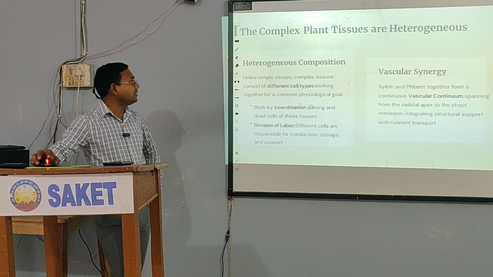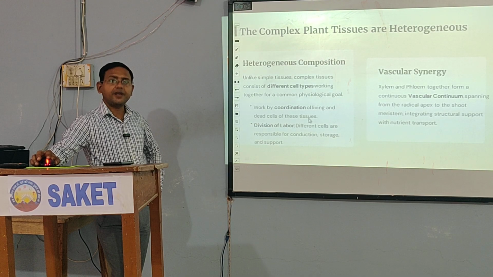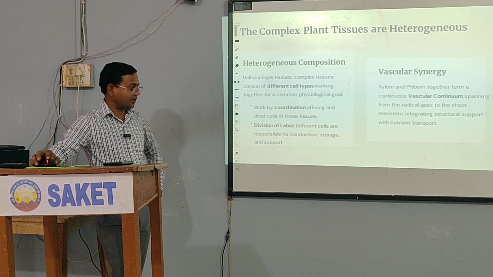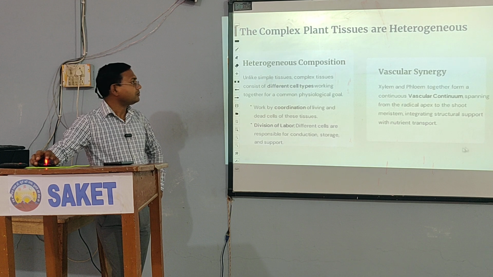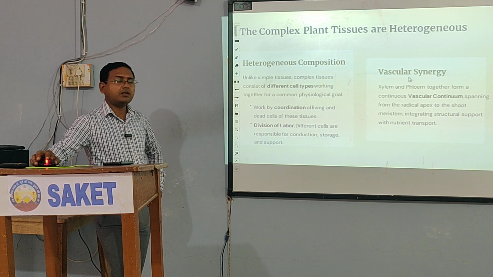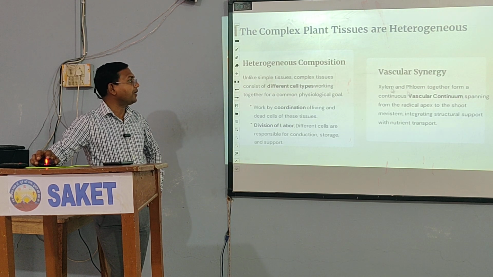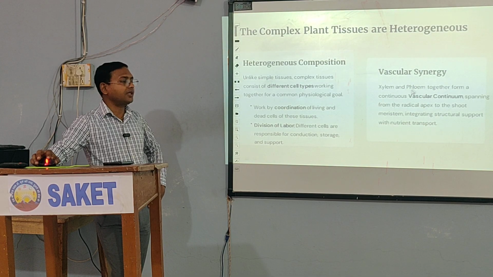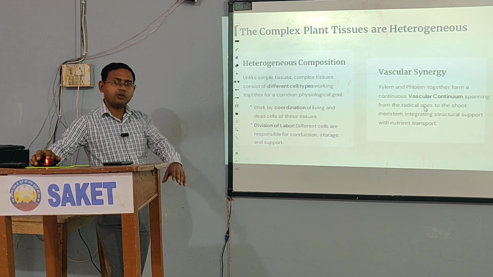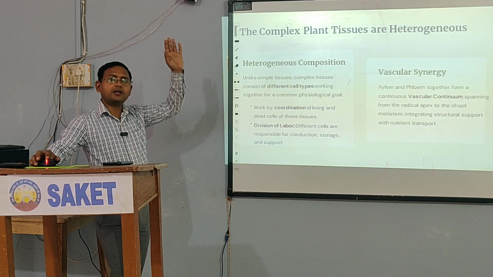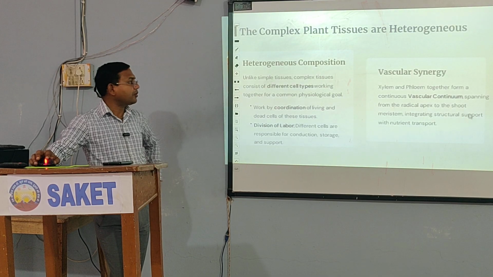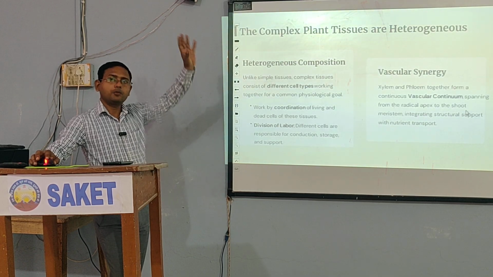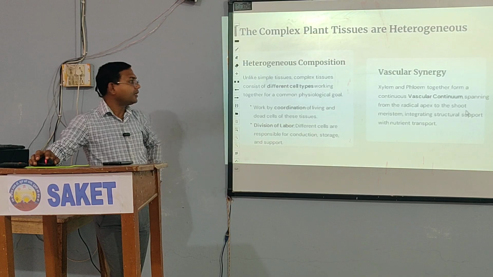And in these tissues some cells are dead and some cells are living, and the primary tissues in the vascular system are the xylem and phloem. They together work and they are present from the root tip to the shoot top.